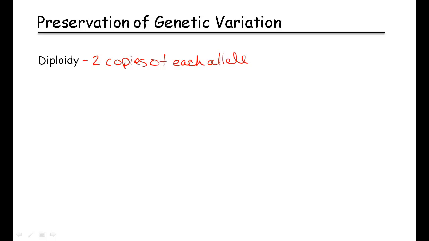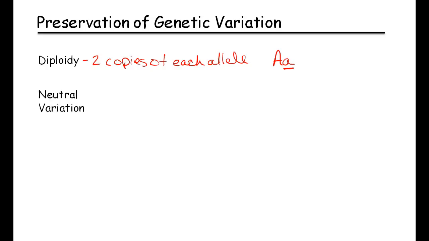So you have a lot of heterozygous individuals with these hidden recessive alleles that they can carry along and still pass on to their offspring and the next generation. So in that case, we don't see that little a just disappearing from the population, even if it happens to be for something that is quite bad for the species.